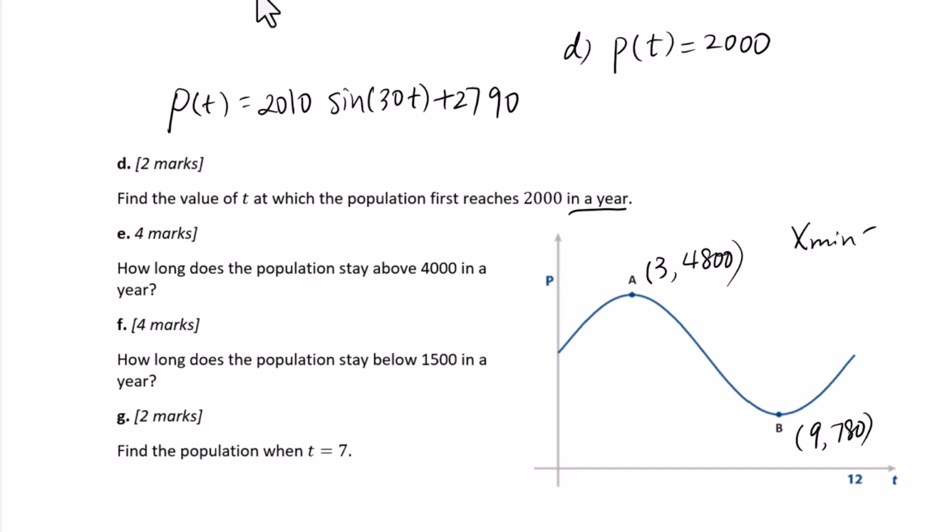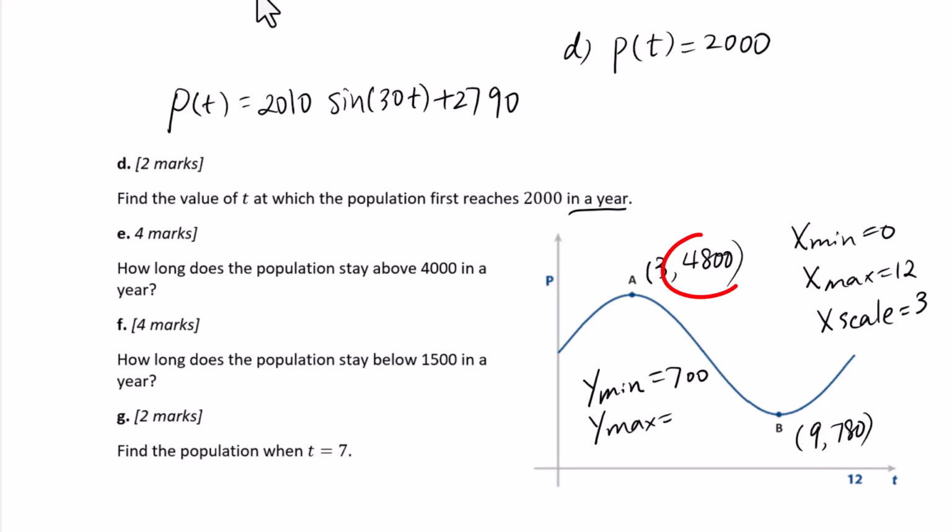For x minimum equals 0, x maximum equals 12, x scale, you can use any integer between 0 and 12. Let's use 3. For y minimum, 780 is the minimum value. Let's use 700. Y maximum, 4,800 is the maximum.